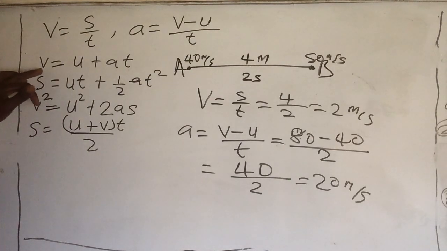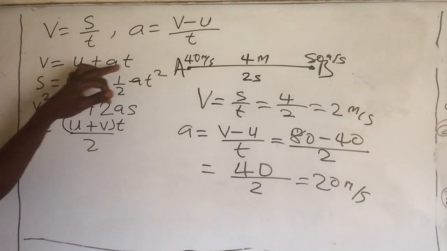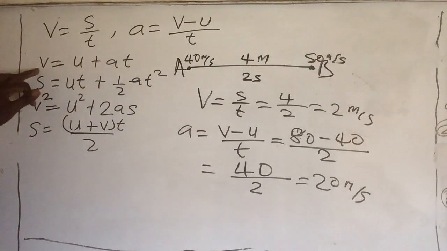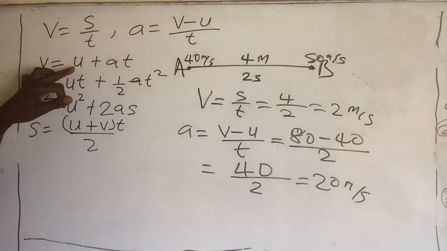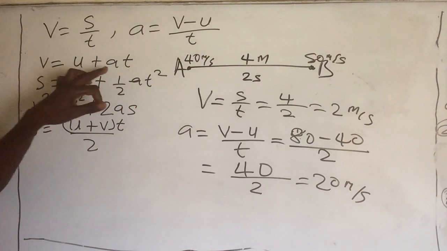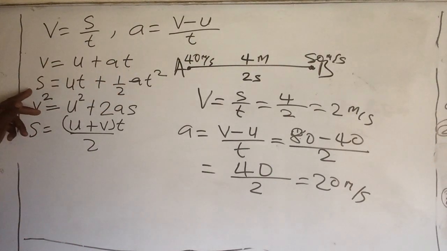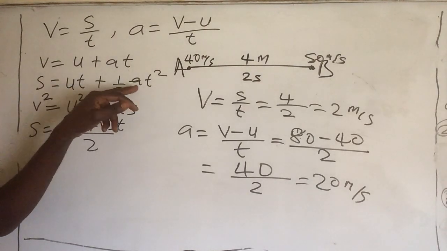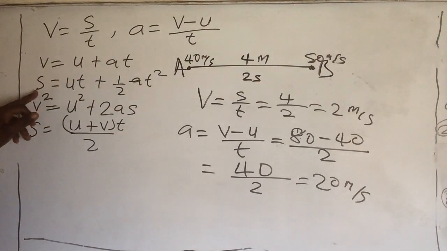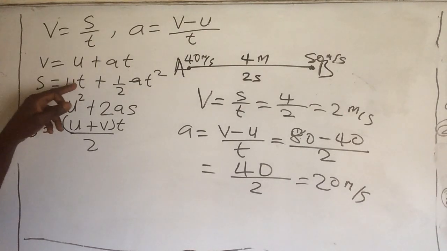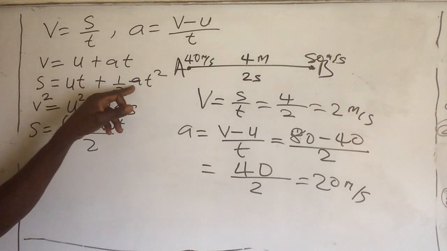The first formula is V equals U plus AT, where V is final velocity, U is initial velocity, A is acceleration, and T is time. The second equation is S equals UT plus half AT squared, where S is distance, U is initial velocity, T is time, A is acceleration.